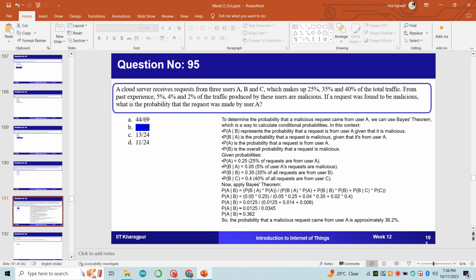So basically this is the Bayes theorem. The probability of A given that B occurs is given by this formula. You just have to put in the values, and by solving this you will get approximately 36.2%.